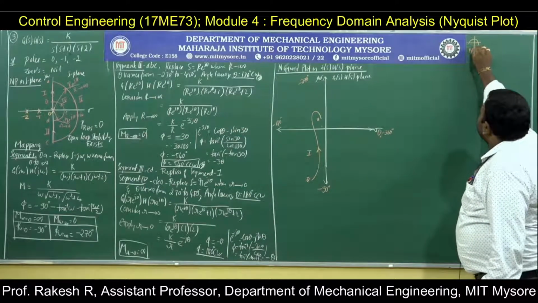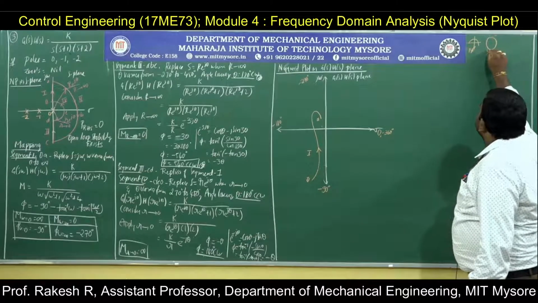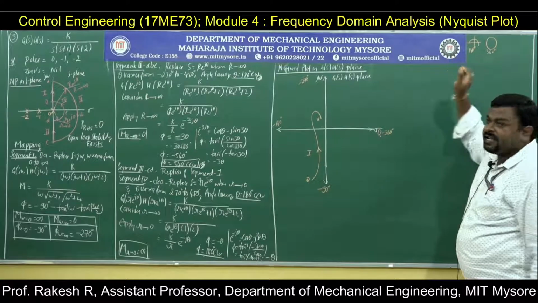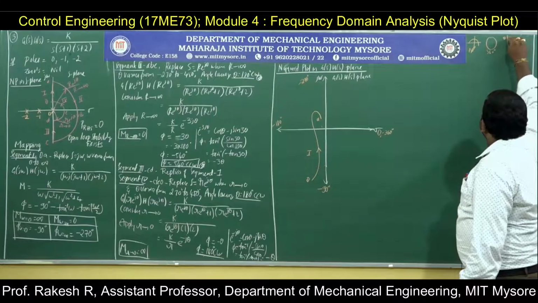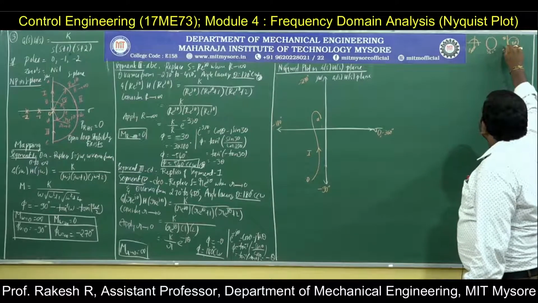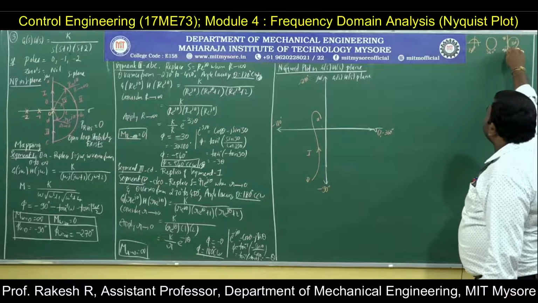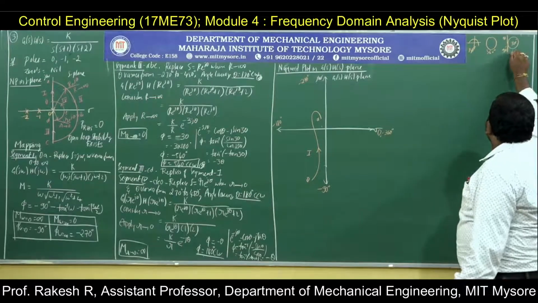This is 180 degree. If it is 360 degree, a circle. If it is 540 degree, a line, this is 90 degree, and then a circle, this is 360 degree, and again a line 90 degree. So 360 plus 90 is 450, 450 plus 90 is 540. So this is how the plot will go.